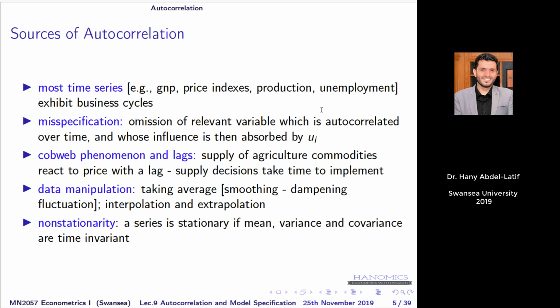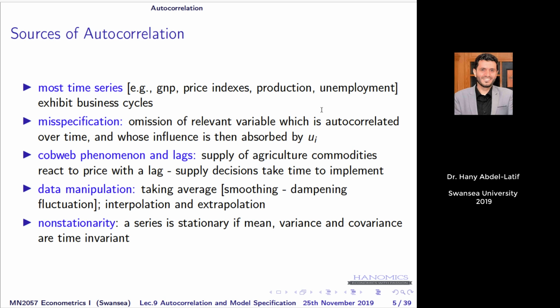Data manipulation, if you take averages or smooth your data, if you interpolate your data or extrapolate your data. Okay, so there are so many reasons why autocorrelation happens. Non-stationarity, this is something we might cover, or not, slightly. We'll talk about this very briefly, maybe next lecture.